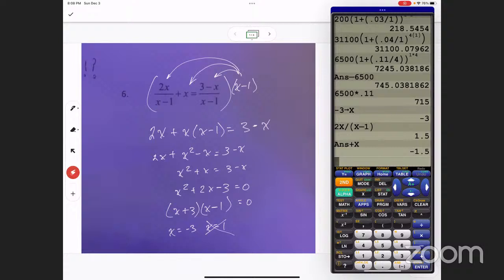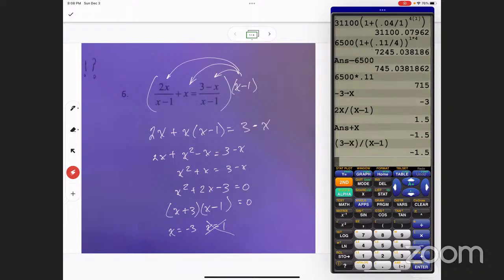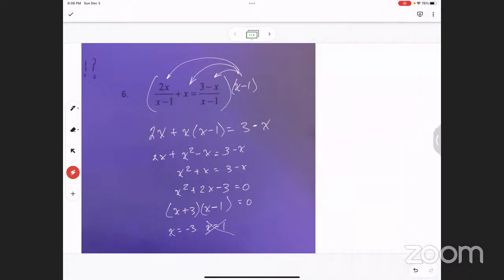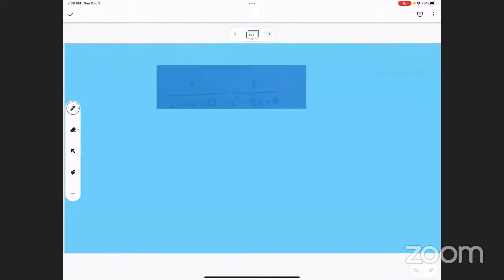So -1.5 should be the same as the right side, which is 3 minus x divided by x minus 1, which it is. So x equals 1 would be an extraneous solution, right? Yep. That's extraneous.